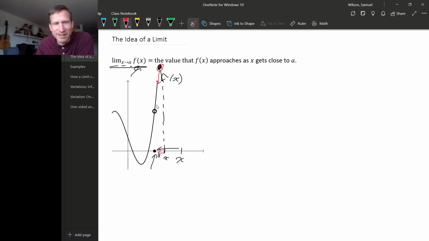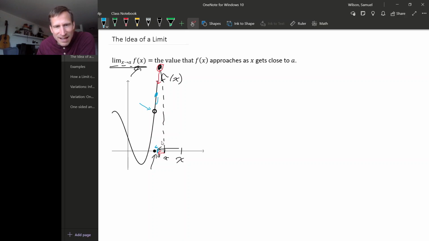It's going to go this way in this case, over to, say, here. But then we keep sliding x closer to a. The key thing here is that x is never actually going to be exactly equal to a. In this graph, we can't have x equal to a because this function isn't defined at a. But we're just going to slide x closer and closer to a.